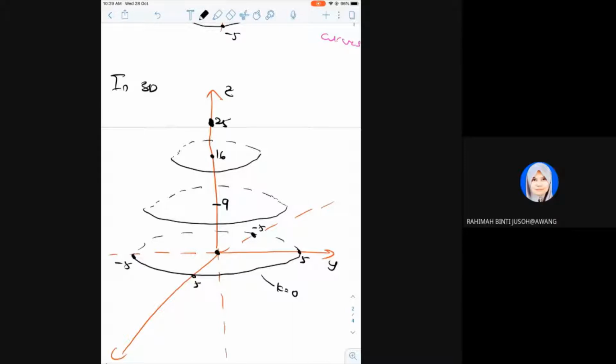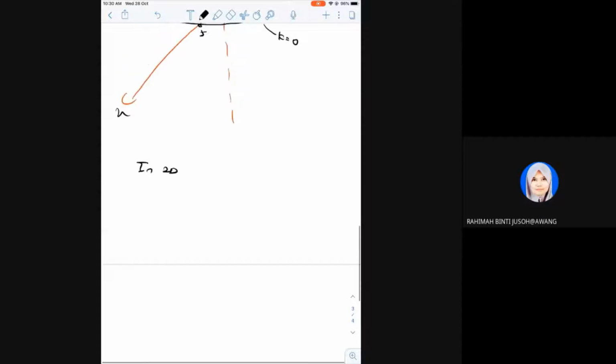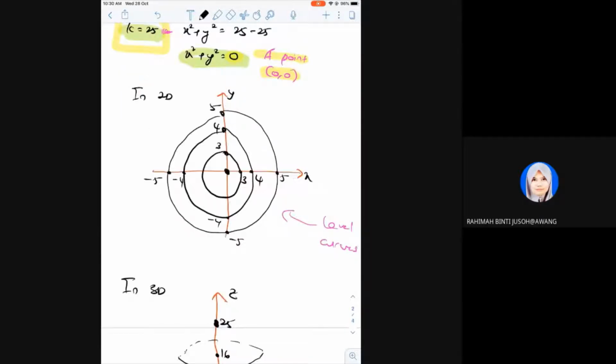Now, in order to complete this graph, let me turn off this camera. What you should do here, guys, is that we have plotted the graph in 2D for the XY plane. This one is the XY plane. Yang asal-asal ni adalah 2D XY plane.